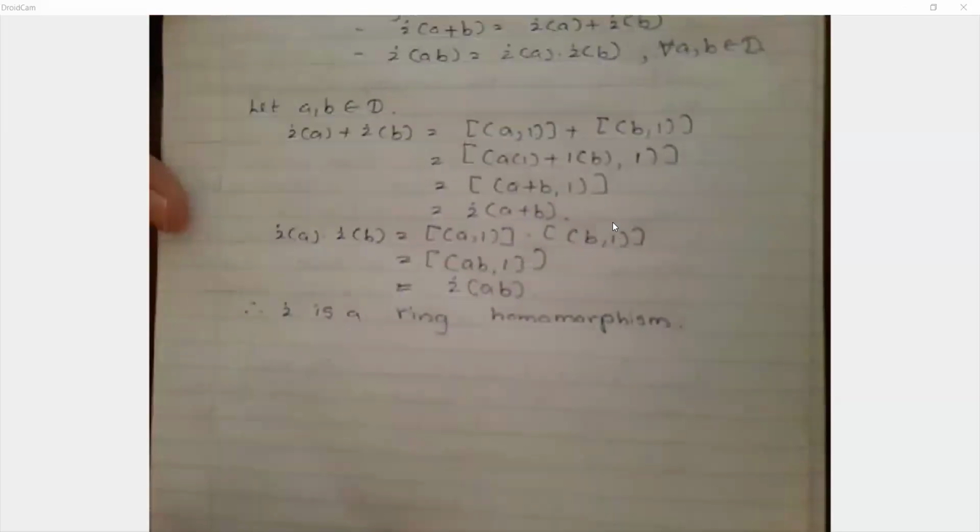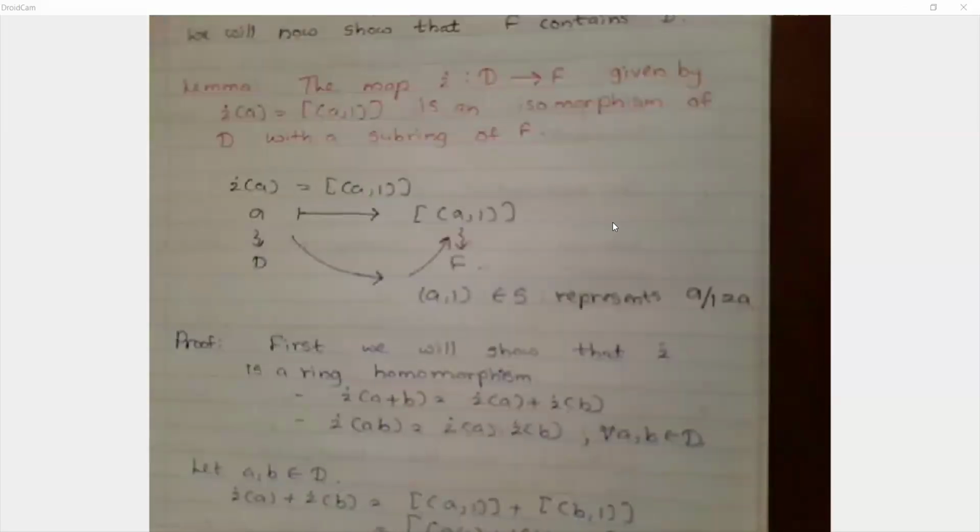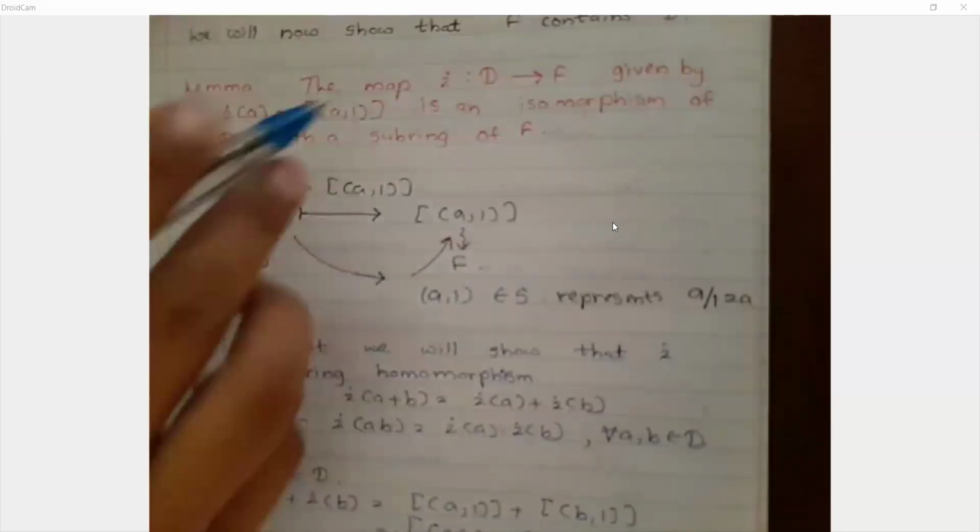Now, in order to show that this is an isomorphism, we have to show that this homomorphism is bijective, right? We have to show that it's 1 to 1, but remember this D is isomorphic to some subring of F. So this map is definitely onto its range. We will simply show that I is 1 to 1.